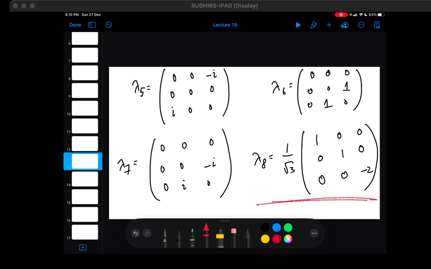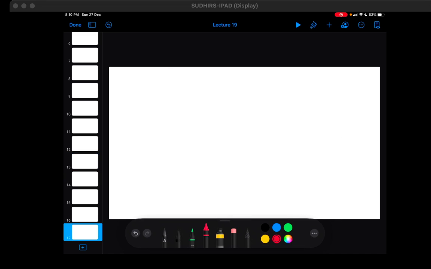One important observation is that the commutator of lambda 3 and lambda 8, with a half on both sides, is equal to 0.